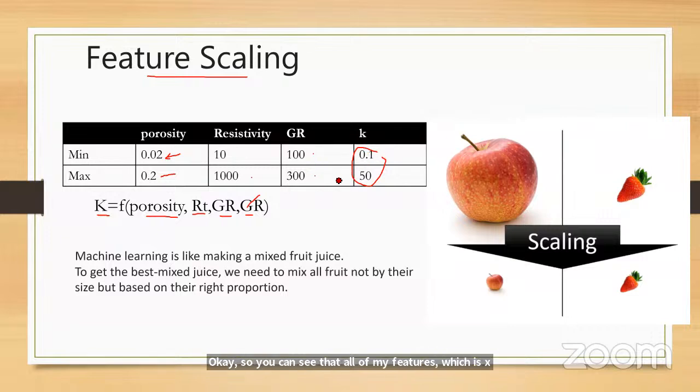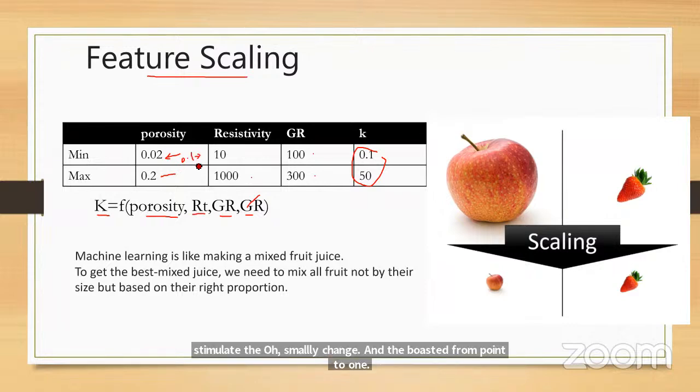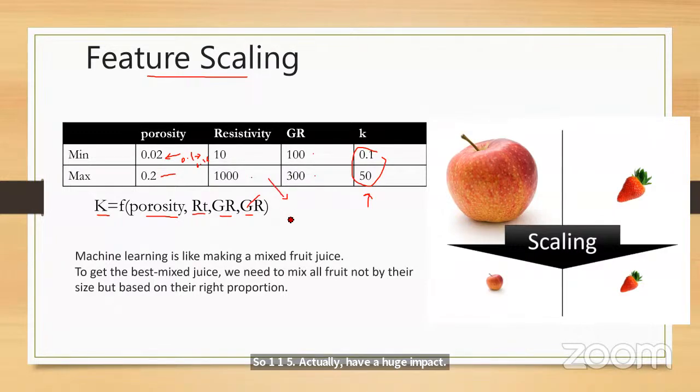So when you use your machine learning model and try to estimate the weights, a small change in the porosity from 0.1 to 0.15 actually has a huge impact on the permeability, compared to changing the resistivity from 10 to 10.05. It is just a change of 0.05, so it is as if it has no impact.